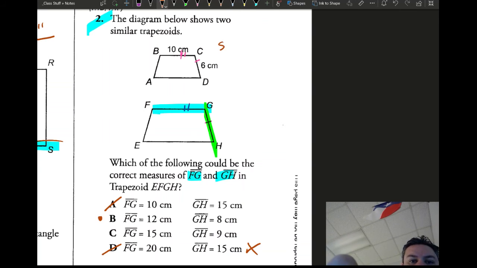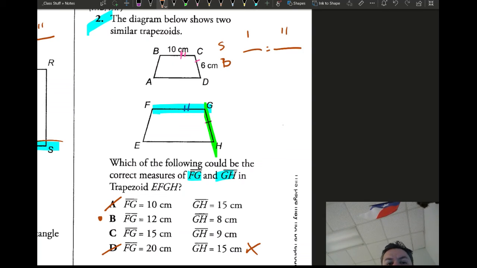So we have the small and big, 1 and 2. So we have to set them up. S1 is 6, S2 is 10, right? Now B1 is going to be GH, which is 8, and B2 should be 12.